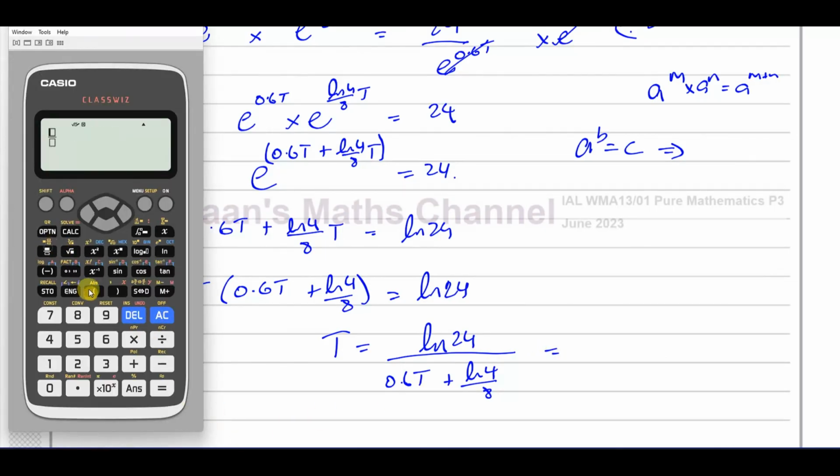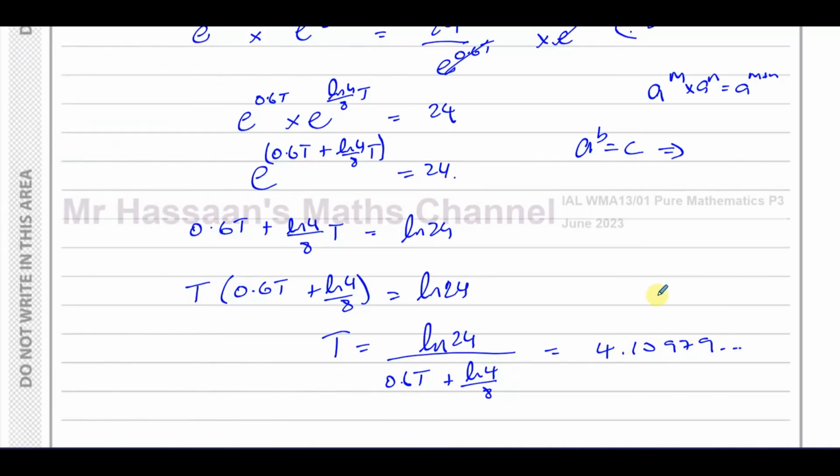So we're going to have ln of 24 divided by 0.6 plus ln 4 over 8, and that should give us our answer, which is 4.10979.